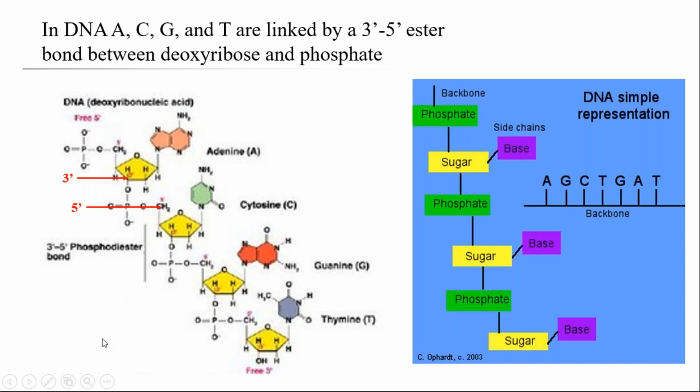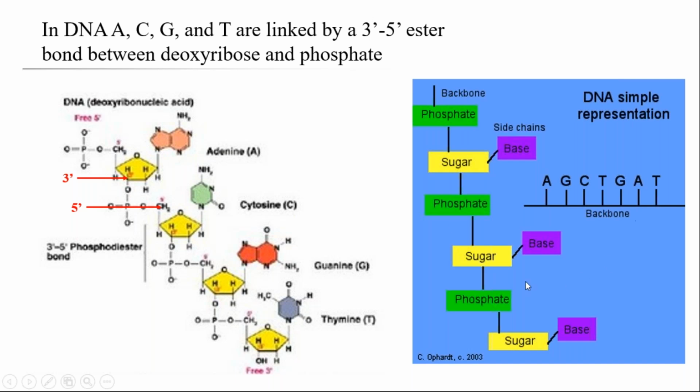The nucleic acid has got direction because finally at one end you will see the free 3' end, that means a free OH, and at the other end you will see the free 5' hydroxyl group. So DNA has got direction and it is read from the 3' end to the 5' end.